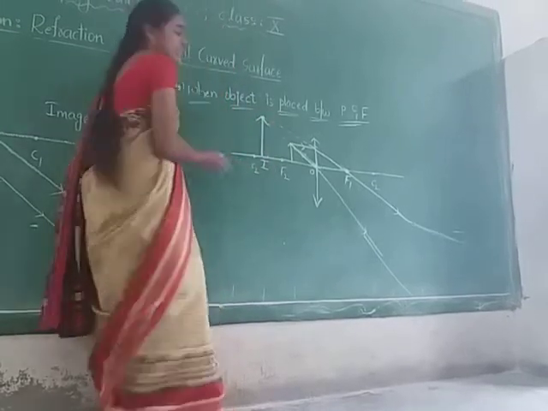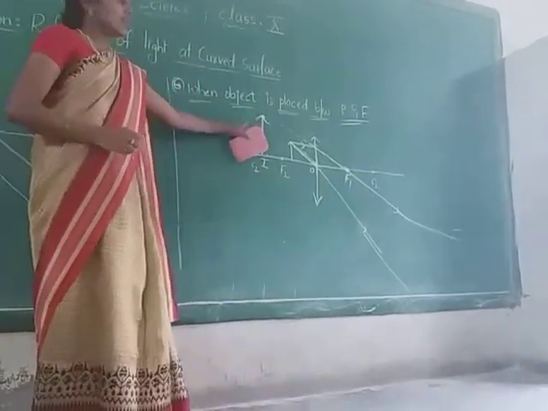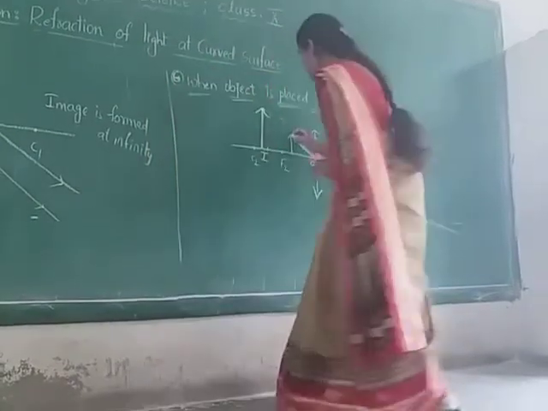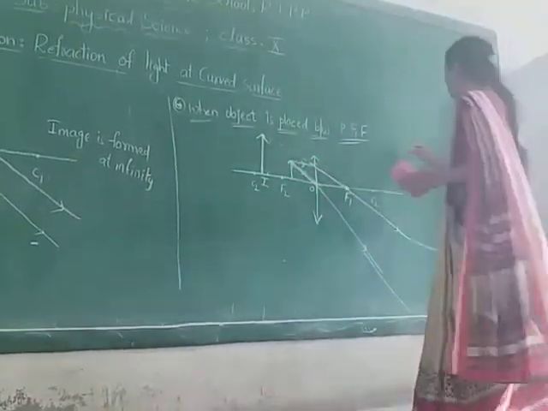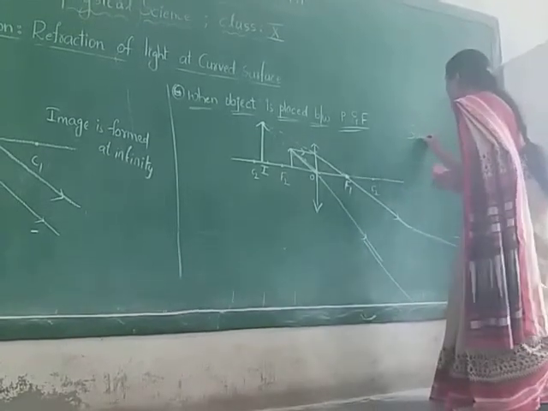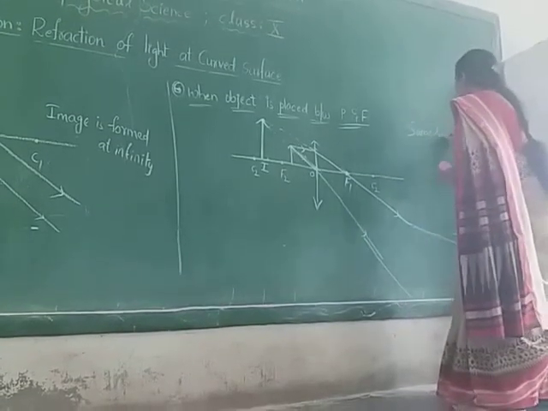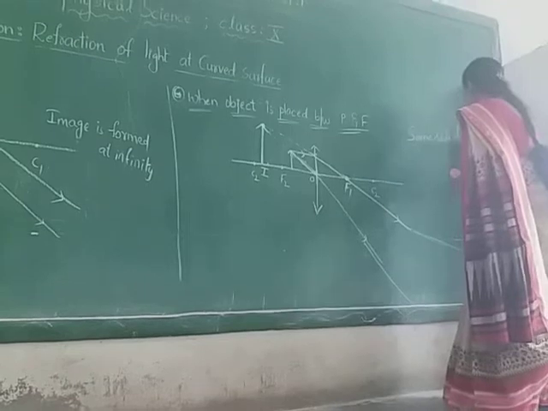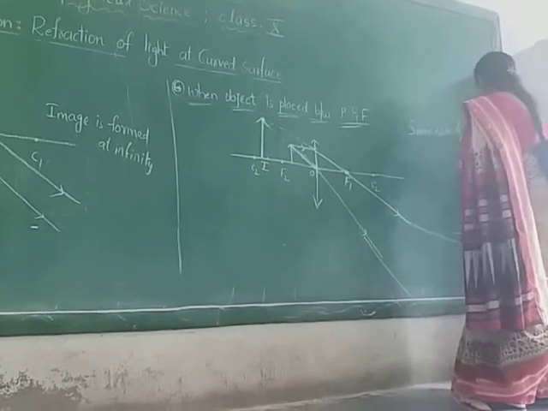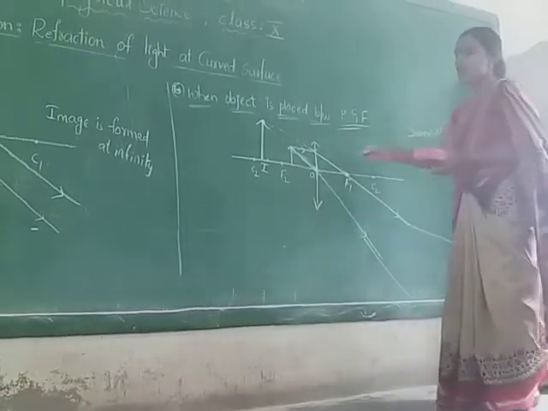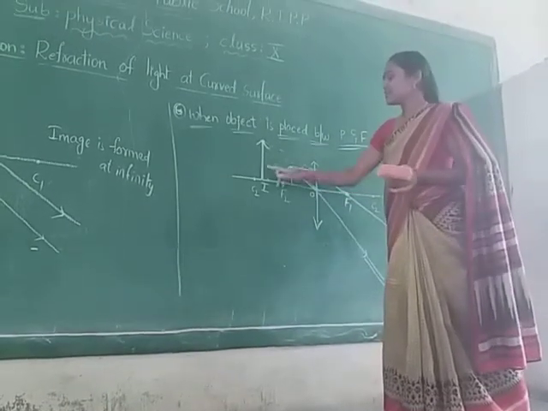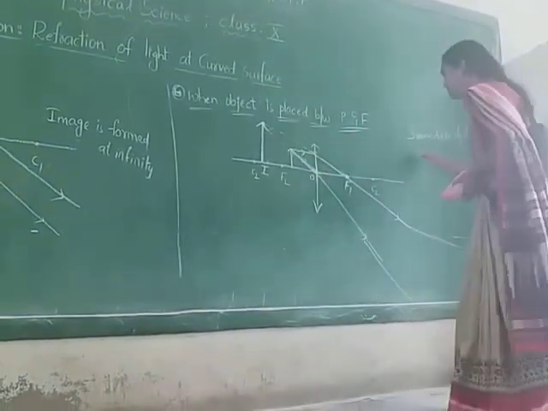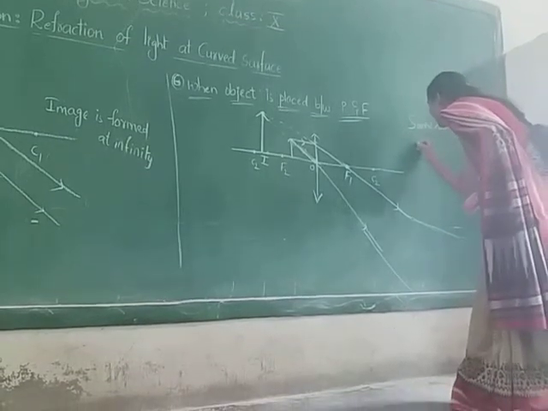Here we are getting the image that is upright. So here the image is formed on the same side of the lens. If we observe the characteristic, this is upright, this is also upright, so the image is erect.